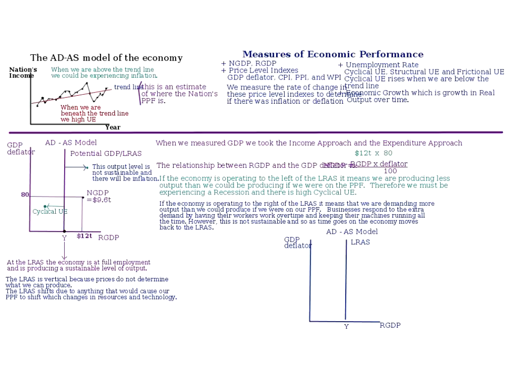Now what I want you to see is that we can also have changes in the, well, first off, what is the relationship with the AD curve? Is it vertical like the LRAS? Is it horizontal?